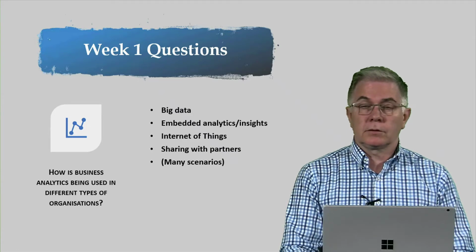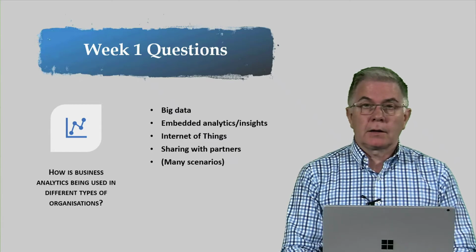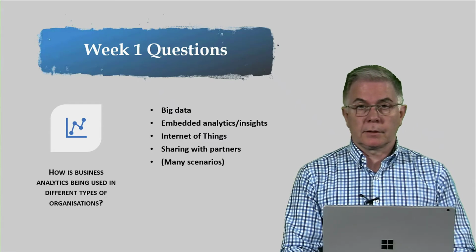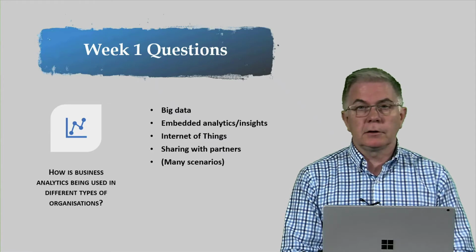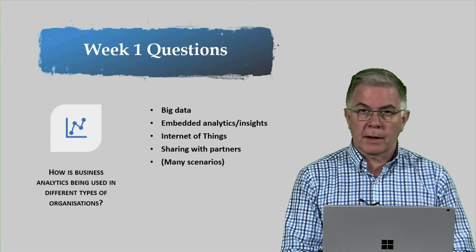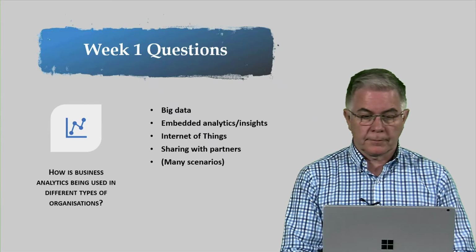And you may have even heard of things like Industry 4.0. And sharing with partners is increasingly important for organisations, particularly if you think about something like a large supermarket chain. Their ability to be able to feed back predictions of sales of lettuce to their supply partners will actually make it better for those partners and better for the customers.